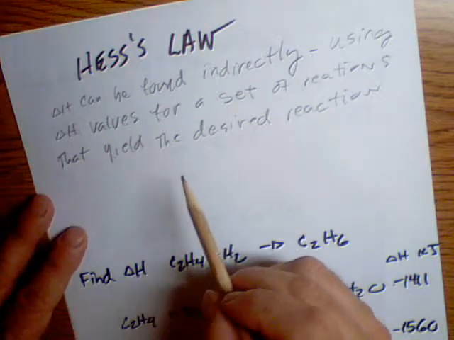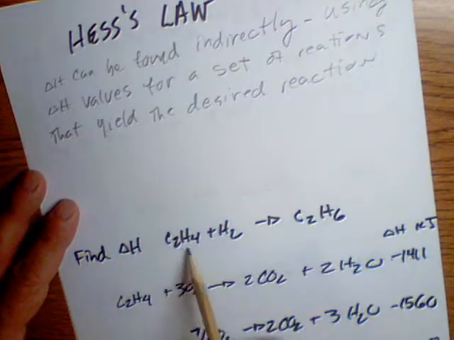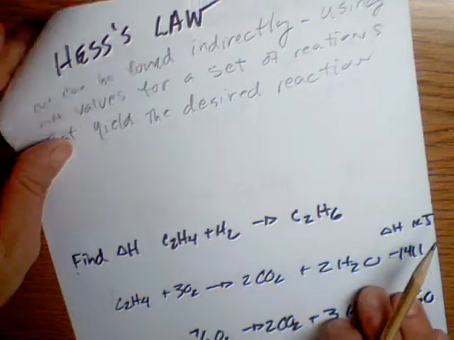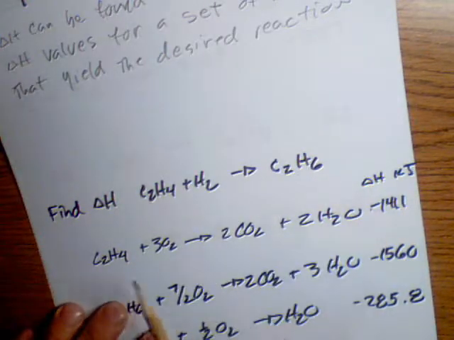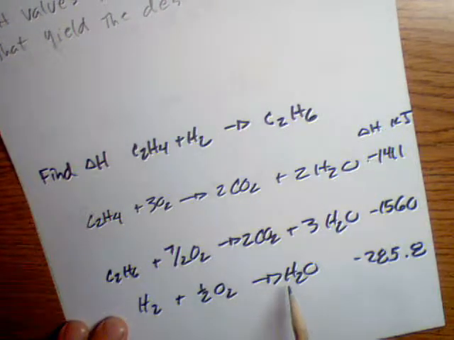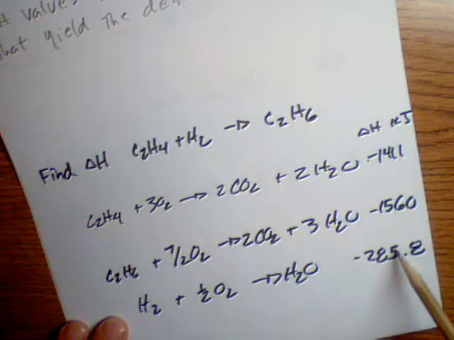That's the textbook definition, and let me see if I can put that in layman's terms. We don't know the delta H for this reaction, but we do know the delta H for these three reactions. The delta H is over here in this column.